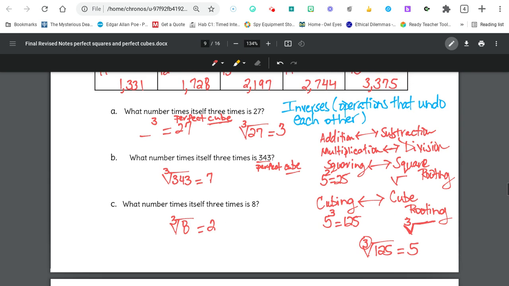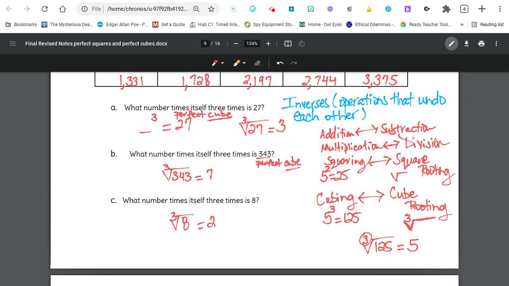All right, so you should understand positive cubes and positive cube roots. If you have a positive cube, the cube root will also be positive.